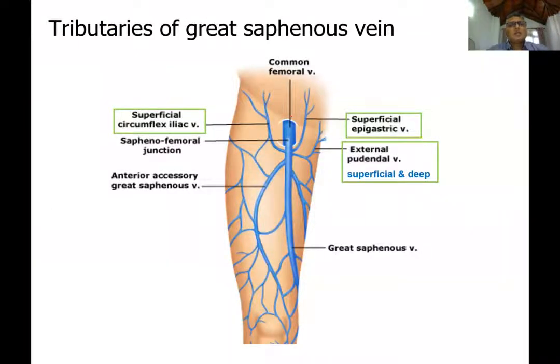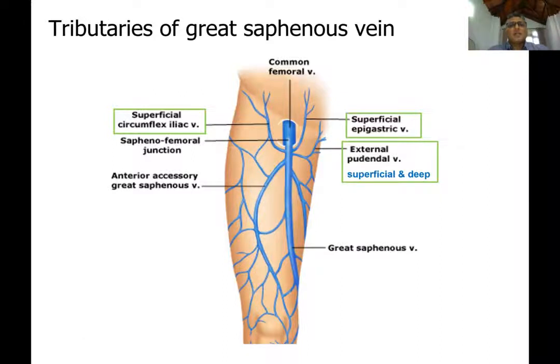Then great saphenous vein has many tributaries, but some of them are relevant to mention here. Now, immediately before it enters the femoral vein, at the saphenofemoral junction, there are 4 tributaries. You have branches from the femoral artery with the same names, the first few branches from the femoral artery.